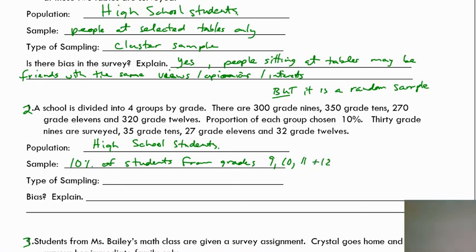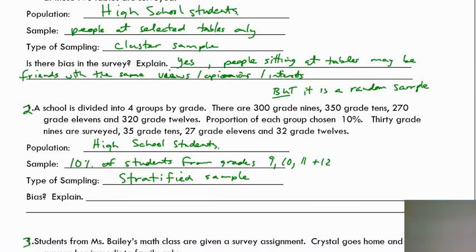So what is the type of sampling? Well, we're taking a measured amount of every group. So when we talked about that, we called that a stratified sample.